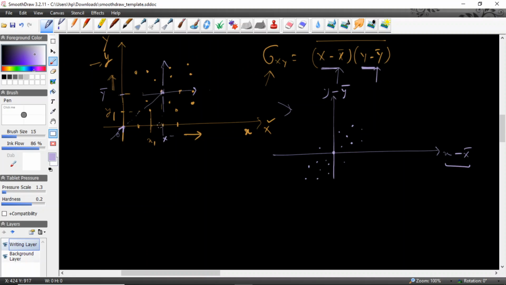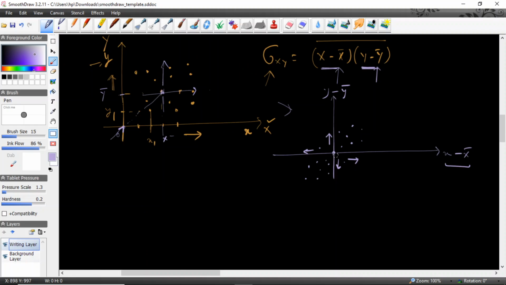and if they have a positive correlation, that means if x increases, y is going to increase, and if x decreases, y is going to decrease. Definitely in this case, when x minus x bar increases, y minus y bar will also increase. When x minus x bar decreases or is negative, y minus y bar will also be negative.